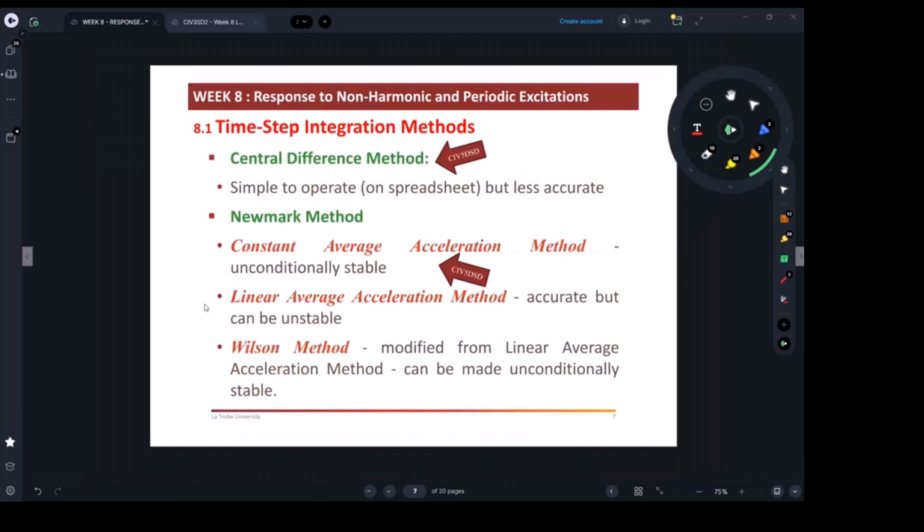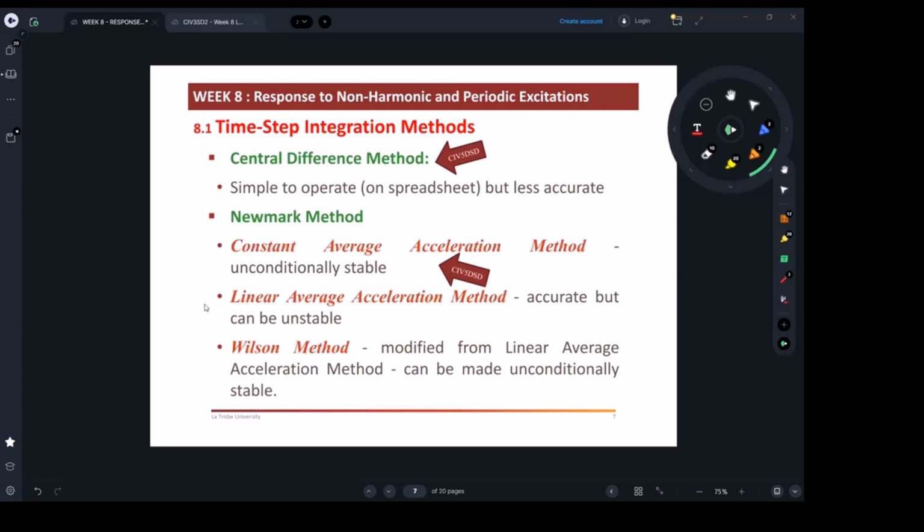So in summary, this week we're going to be dealing with real ground excitation. We want to find how a single degree of freedom system, or a structure above the ground, will respond to such ground excitation. The well-known methods to use are time stepping methods and integral methods. Integral methods, like Runge-Kutta, like what we simply did for a pulse, require more processes, which we are not covering in this subject.